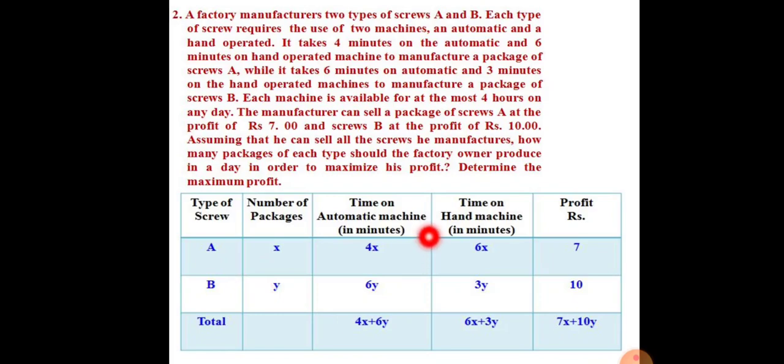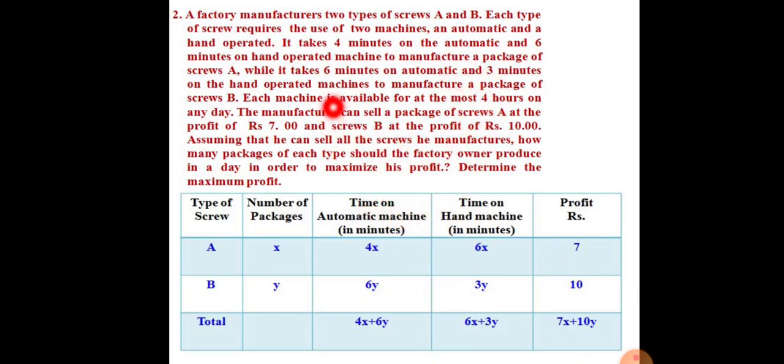So see here, in the automatic machine, first we will fill up the screw A row. Screw A takes 4 minutes on the automatic machine, that is 4X, and 6 minutes on the hand operated machine, that is 6X.